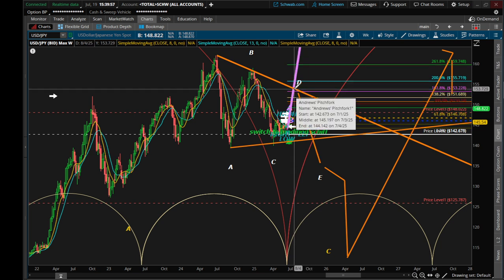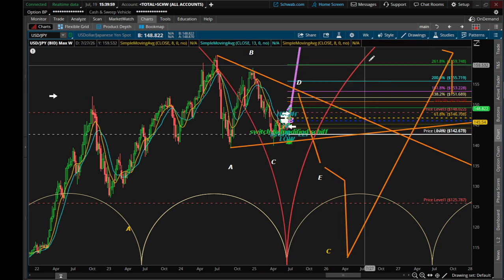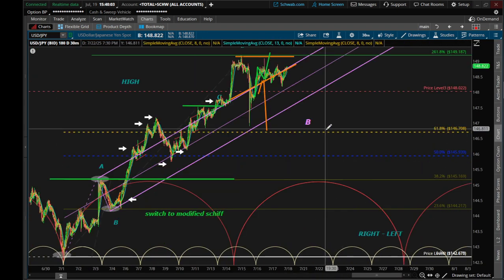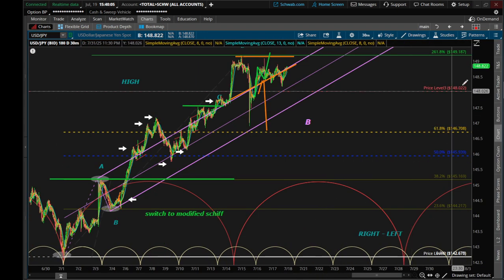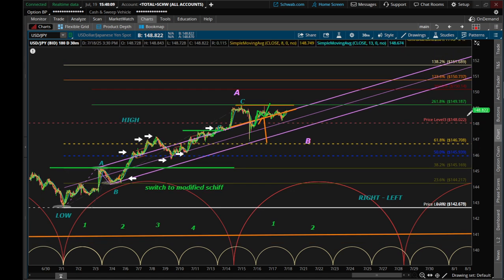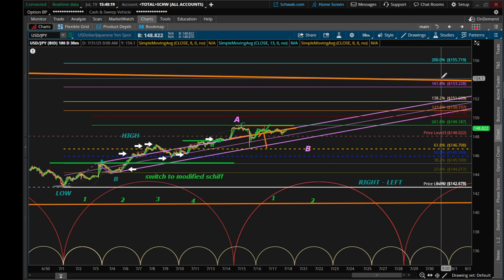It could be 154 if we went straight up. But the longer we consolidate within this range here, 148, 146, then yeah, ultimately our target is lower on this orange trend line.